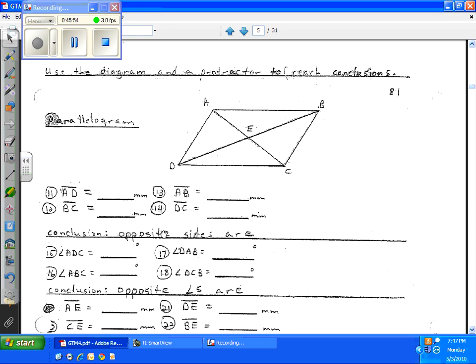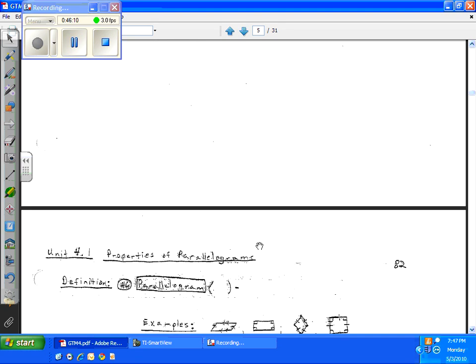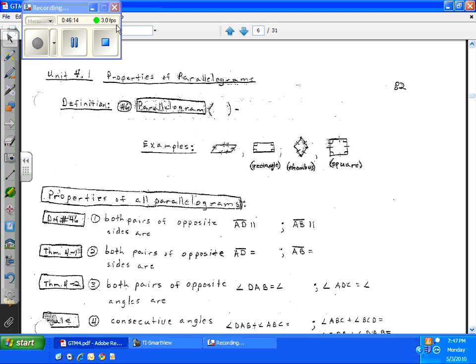If you don't know exactly what you're supposed to write in the blank, then you should know that that's the next lesson, so you can go over there and take a peek at the rules in the next lesson, just in case you didn't measure exactly, and you can find those answers. And so then that would bring us to Unit 4.1, Properties of Parallelograms, which we will begin recording in a moment.